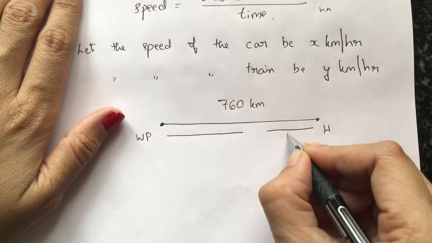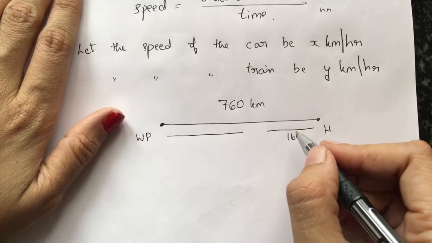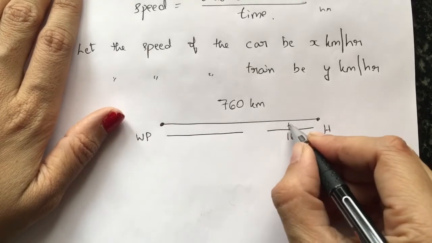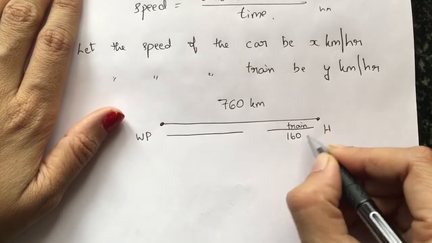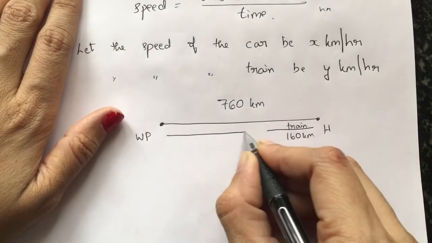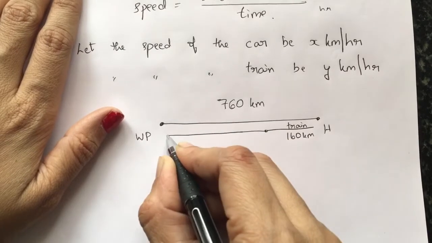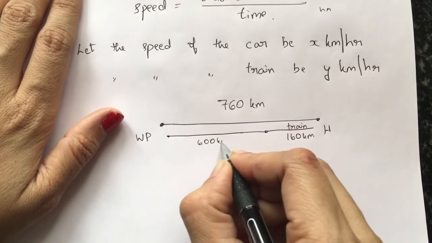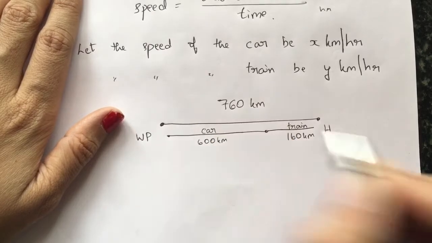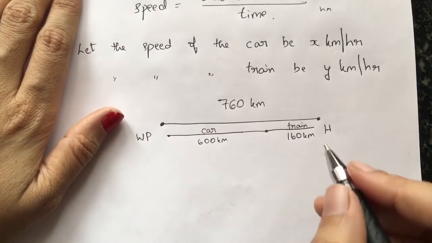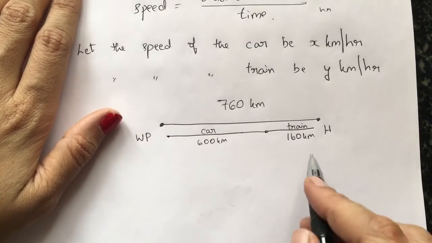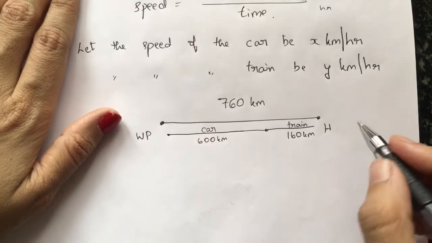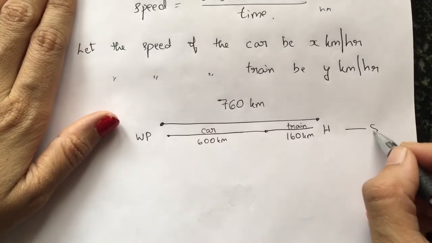He is using train to travel 160 kilometers, and for the rest 600 kilometers he is using car. If we go this way, he takes 8 hours.